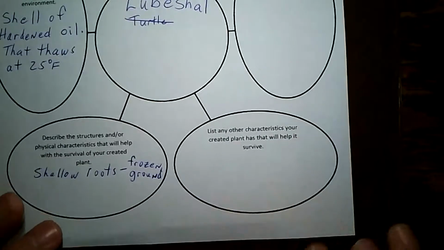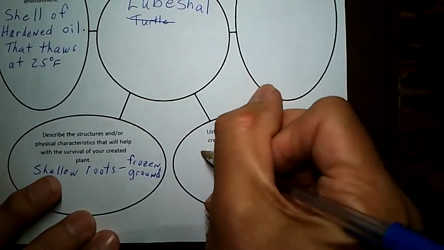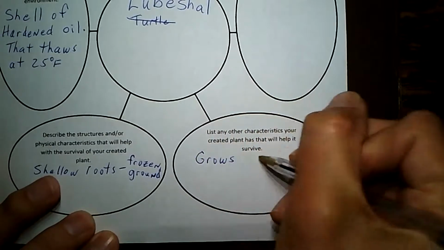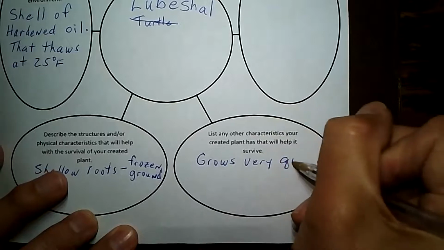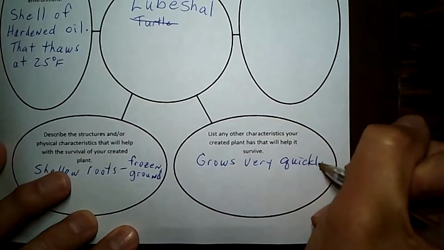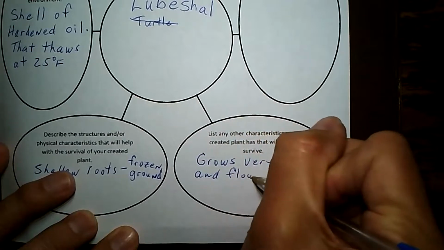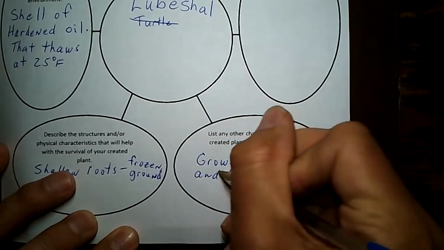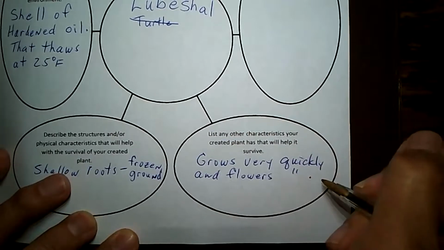So list any other characteristics that will help it survive. I would say grows very quickly. And flowers. Flowers can be a verb. Quickly, I'm going to put a ditto sign there.